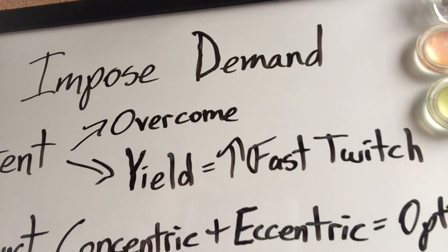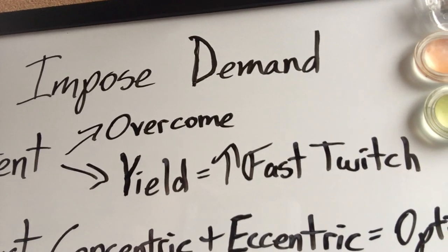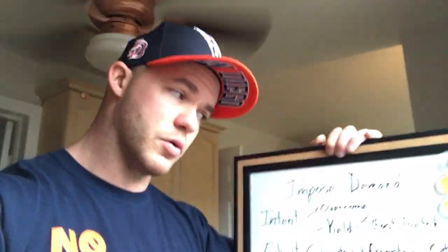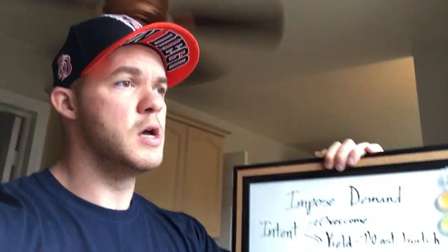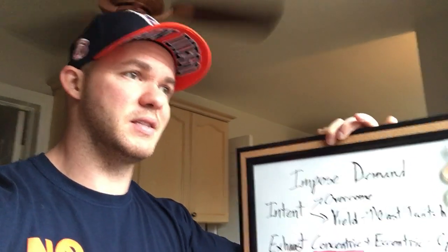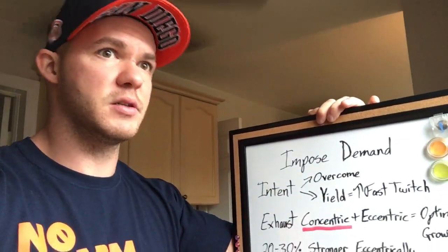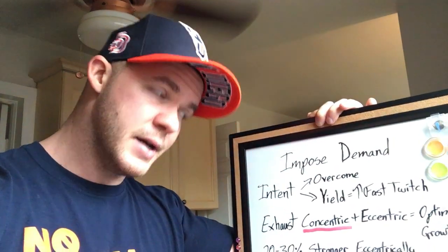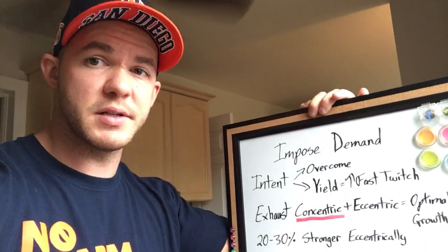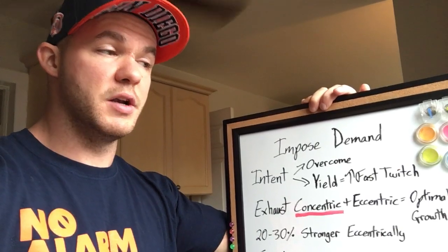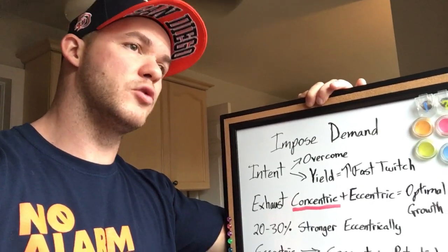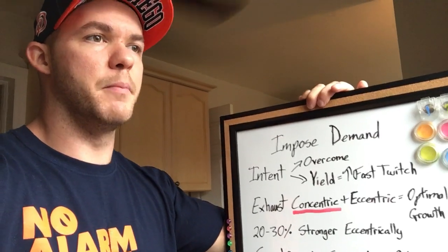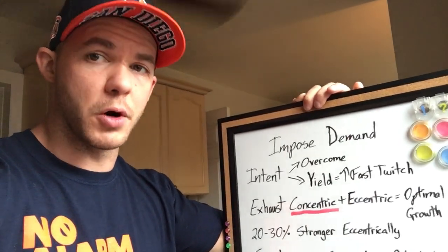And when you intend to yield, as a result, the body will recruit more fast twitch muscle fibers. I'll go through point by point and talk about this. When you lift a weight, any exercise, think about it, a curl, a bench press, a squat, your intention is to overcome the resistance, to recruit enough muscle to overcome it, to push it, to lift it, shortening the muscles that are doing the work.